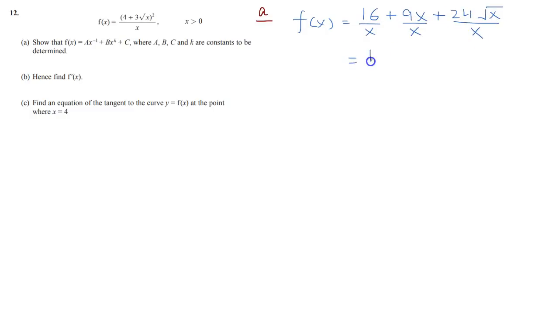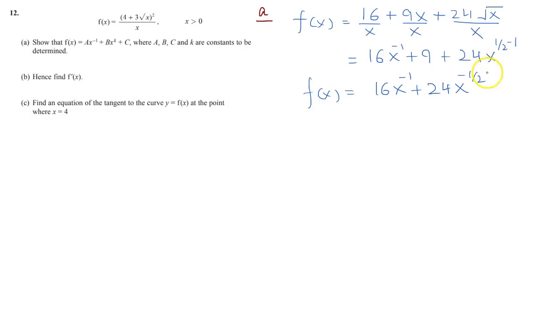So that is equal to 16 x to the power minus 1 plus 9, x cancel, plus 24. This is x to the power half and this is minus 1. So f of x is 16 x to the power minus 1 plus 24 x to the power minus half, half minus 1 is minus half, plus 9.